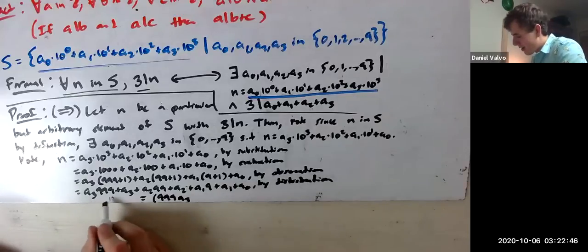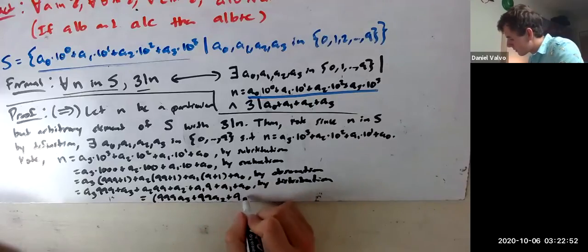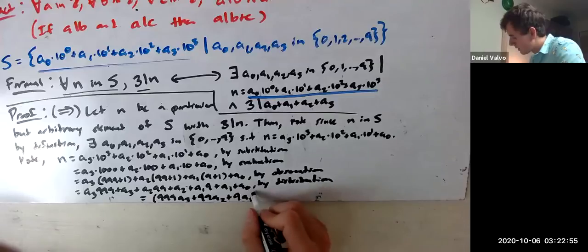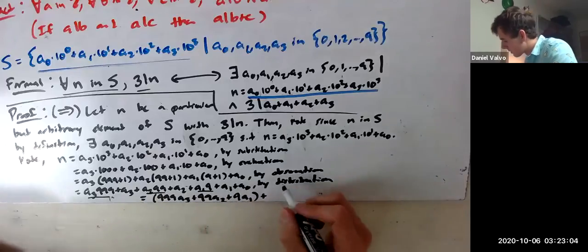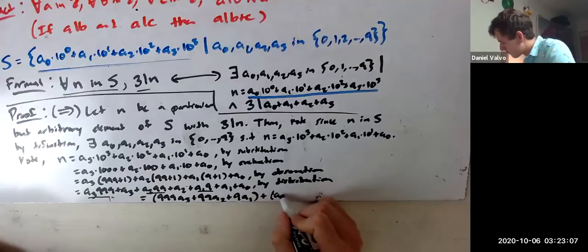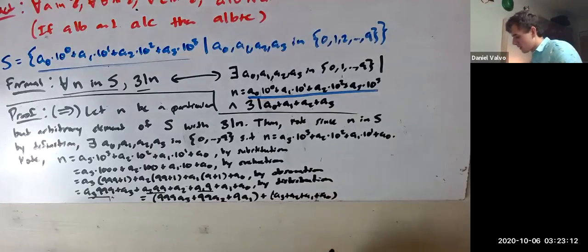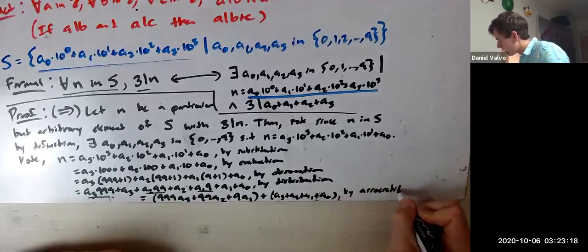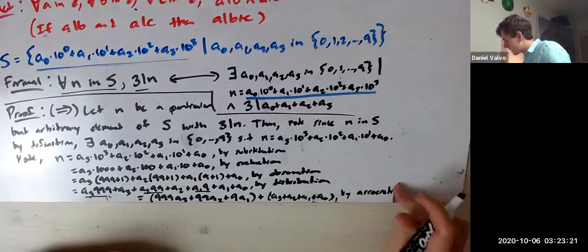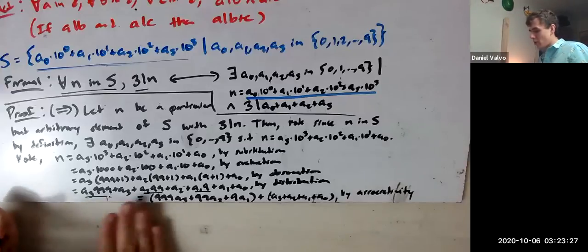Doesn't matter. 999 A3 plus 99 times A2 plus 9 times A1, right? If we group these three together, then what's left over is A3 plus A2 plus A1 plus A0. And this is by associativity, just meaning that we can rearrange this however we want.